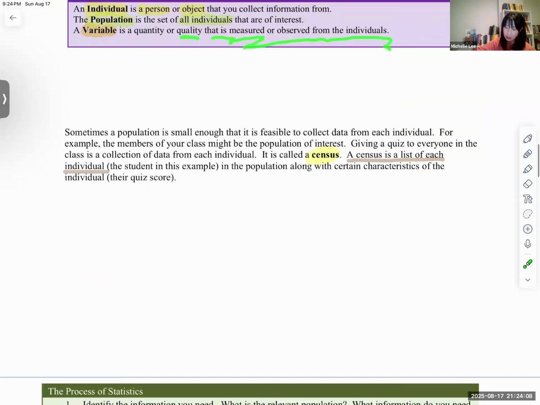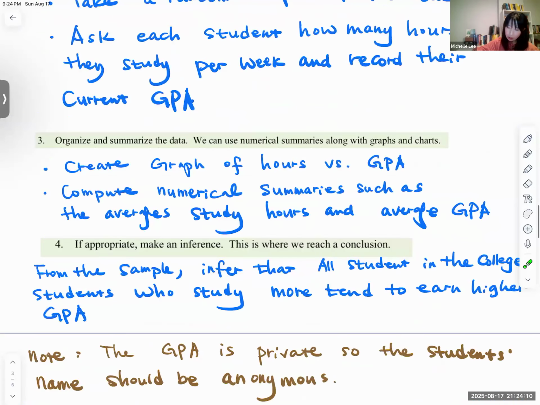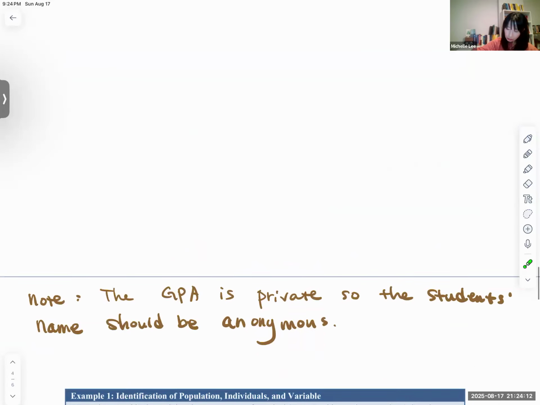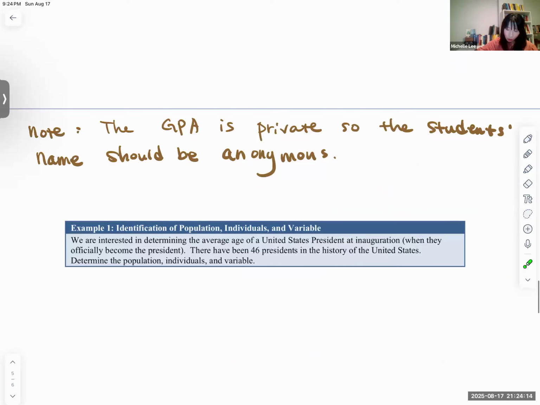Okay, let's talk about here. We are interested in determining the average age of United States presidents at inauguration, where they officially become the president, right?